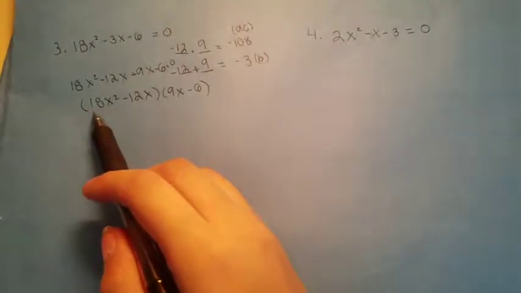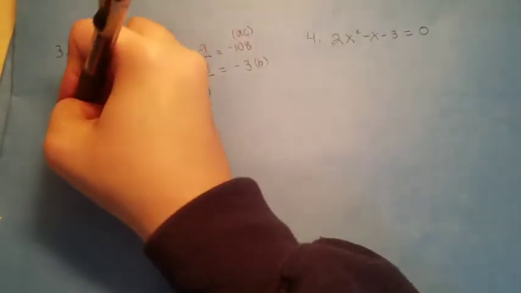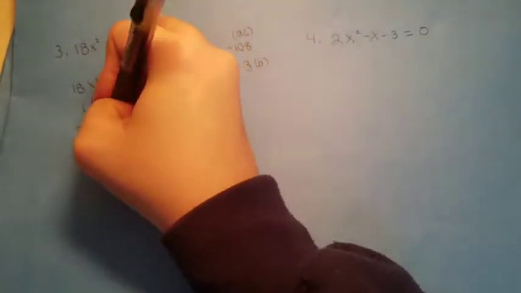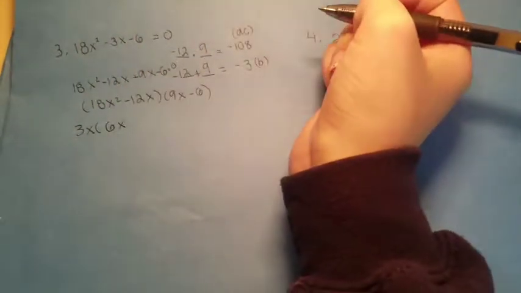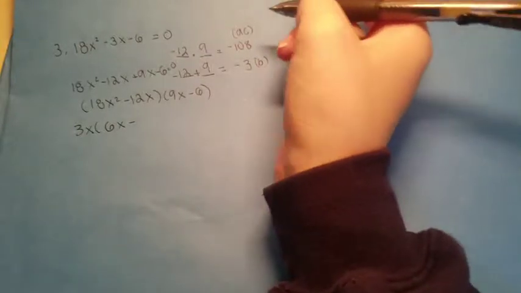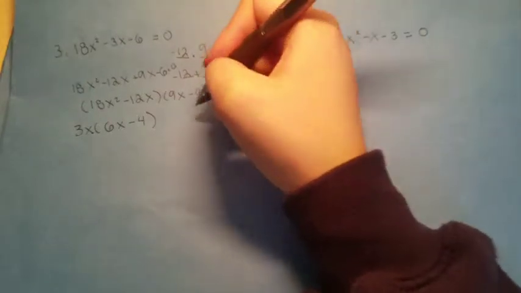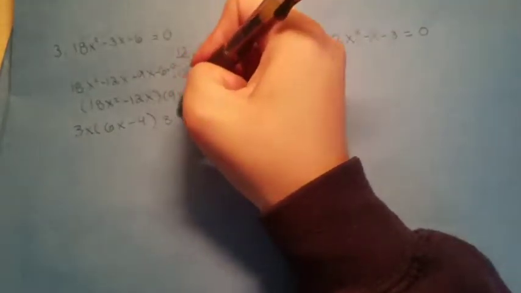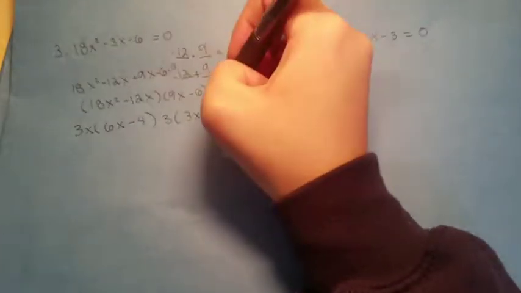So if you divide 18 by 3, it would be 6, and then x2. So like that. And it would be negative 12 divided by 3 would be negative 4. Like that. And this one would be 3. So it would be 3x minus 3.